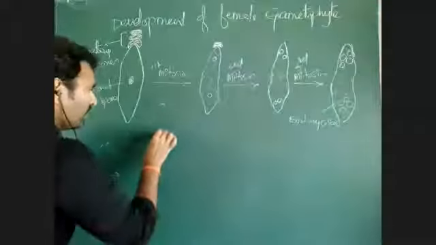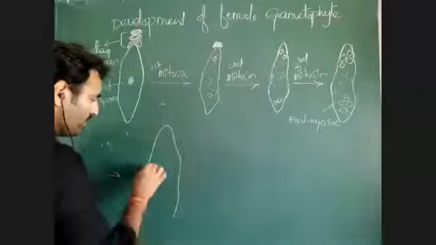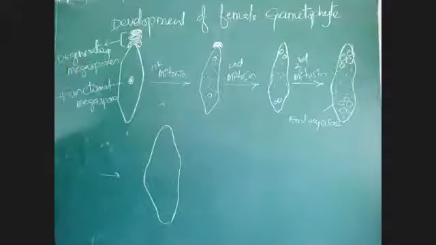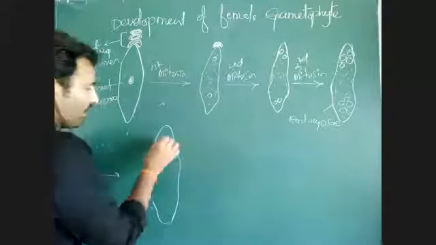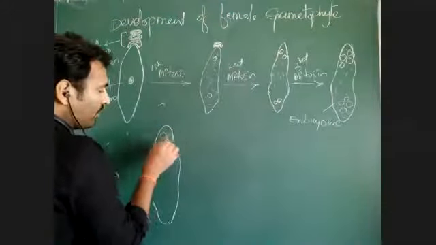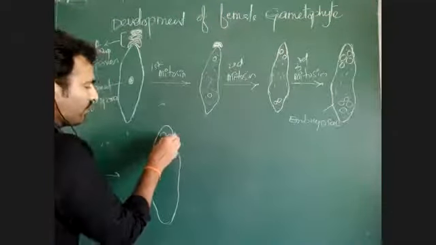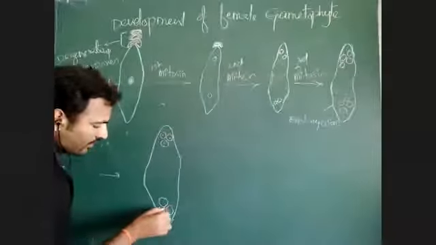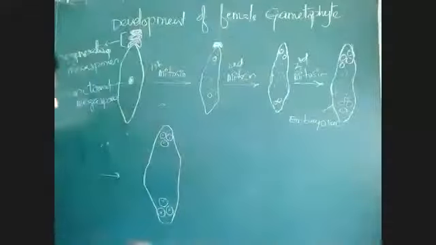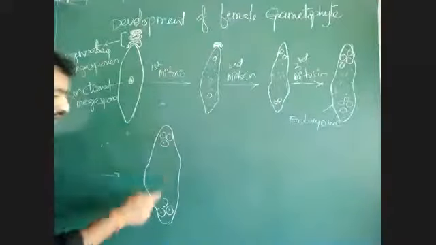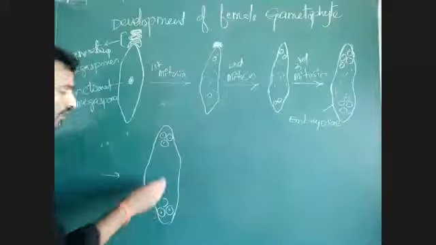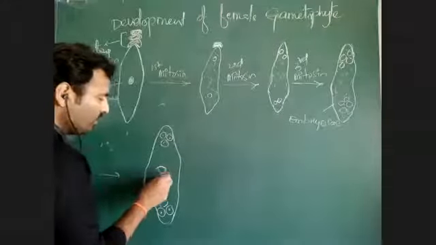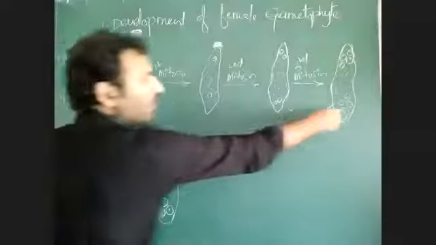Among that 8 nuclei, 6 nuclei undergo cell wall formation. Cell wall formation takes place for 6 cells. Among that 6 cells, 3 cells are present at one pole and 3 cells are present at another pole, and the remaining 2 nuclei, total 8 nuclei are there.